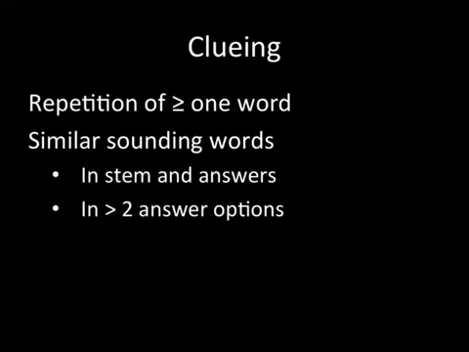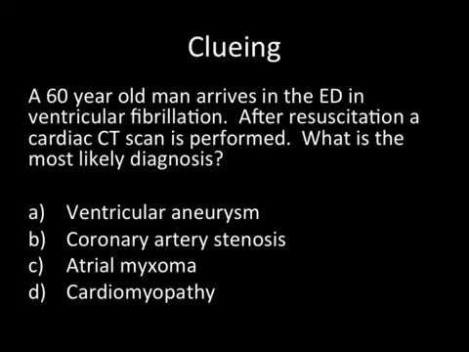There are some subtle aspects of cluing that you may not be aware of, although I'm betting that you've actually subconsciously used them when you've taken your own exams, such as repeating one or more words either in the stem and the answers, or in more than two answer options, kind of like I showed you with that case of the renal and liver masses previously. So here's an example. A 60-year-old man arrives in the emergency room in ventricular fibrillation.